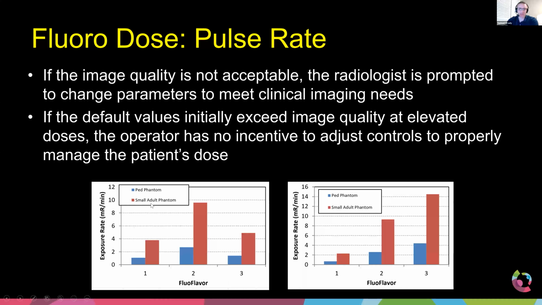Now, when you do this, I have 2 examples down here. This is a machine that I worked with, and you can see that the 3 buttons on the machine would reasonably go from low, medium, high, which you see on the right graph. The irony is it actually went from low, high, medium.